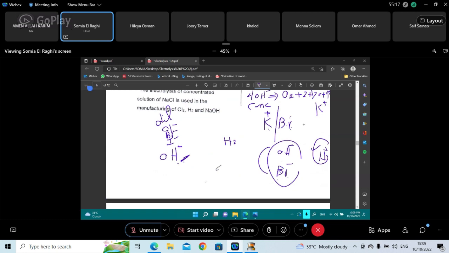So the hydrogen in both cases is formed at the cathode, the negative area. The hydrogen is positive, so it will go toward the cathode. A positive particle will go toward the cathode. Alright? Now, for the concentrated, which one is in the bottom? This particle. Write down an equation. So, 2 bromide ions, you remove electrons, so you get bromine at the anode.